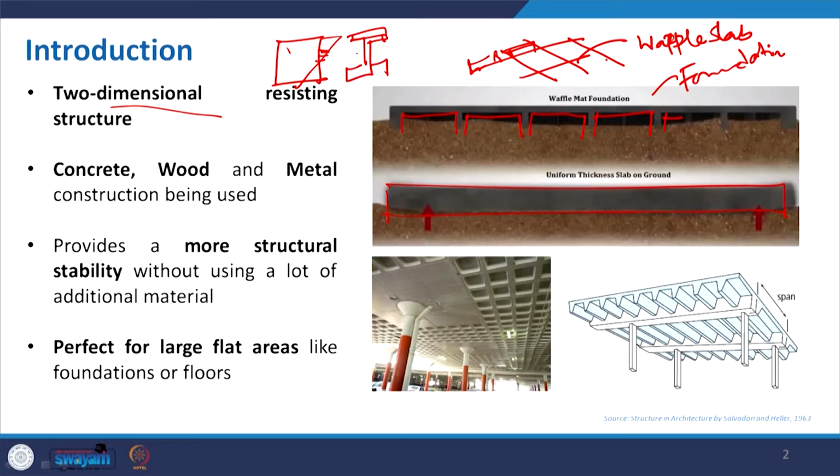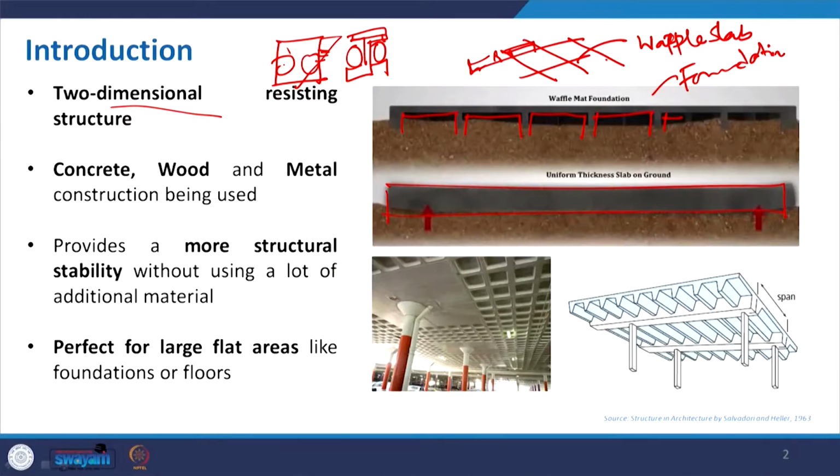We can easily remove this portion of the solid section and improve the structural section to make it cost effective, and when you reduce the material, remember that it also reduces the dead load. That is advantageous. With that concept, this grid structure is formed.